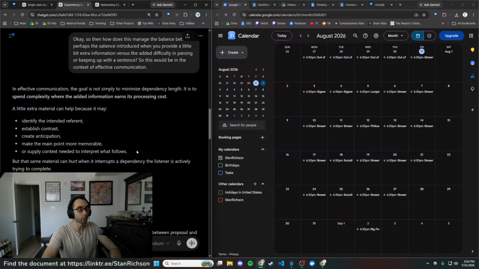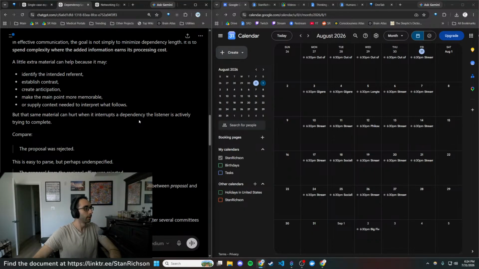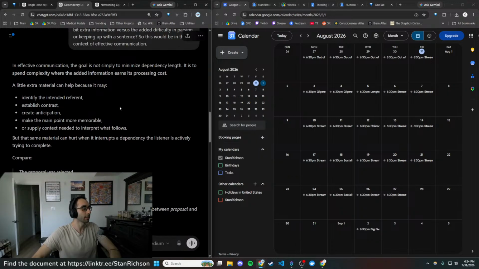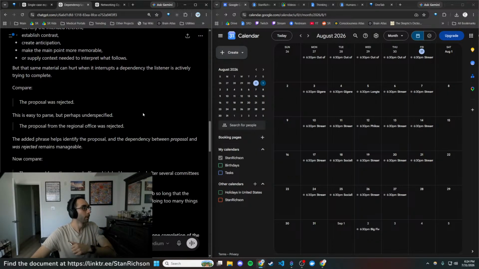And that's more of a strategic communicative move. And perhaps it's also in the service of making the sentence easier to follow. But that same material can hurt when it interrupts a dependency the listener is actively trying to complete.